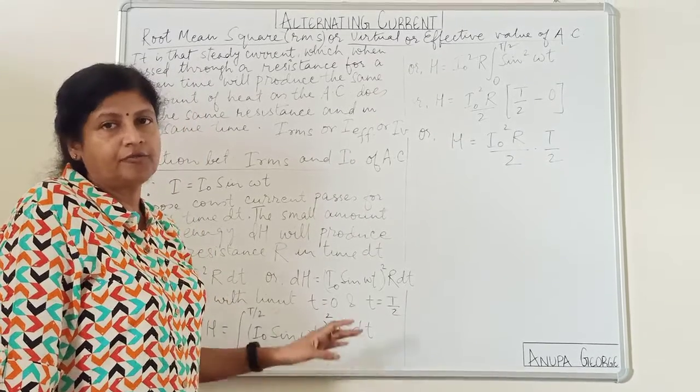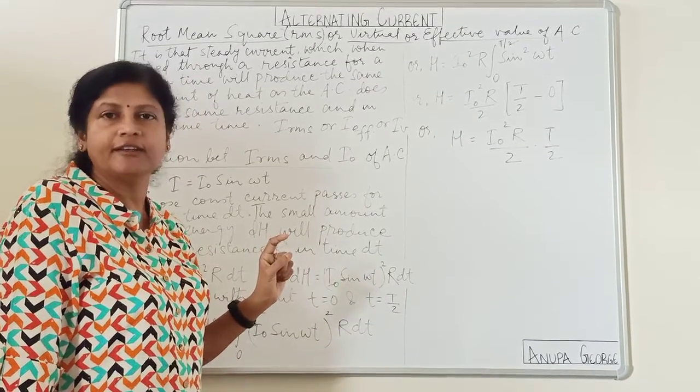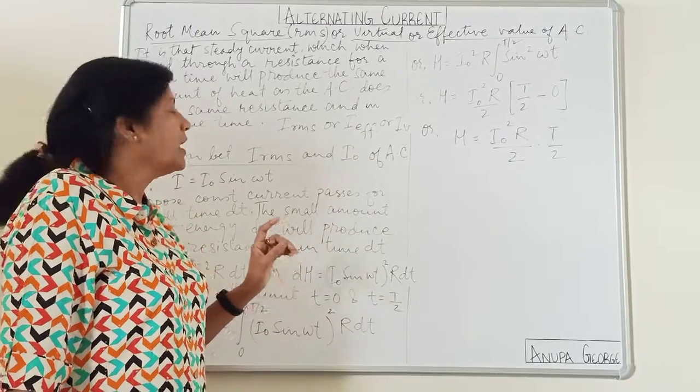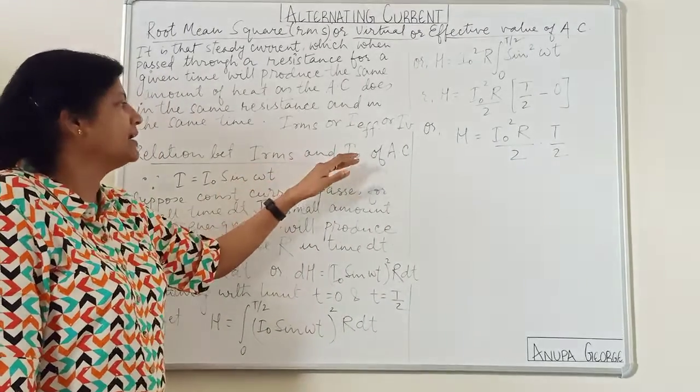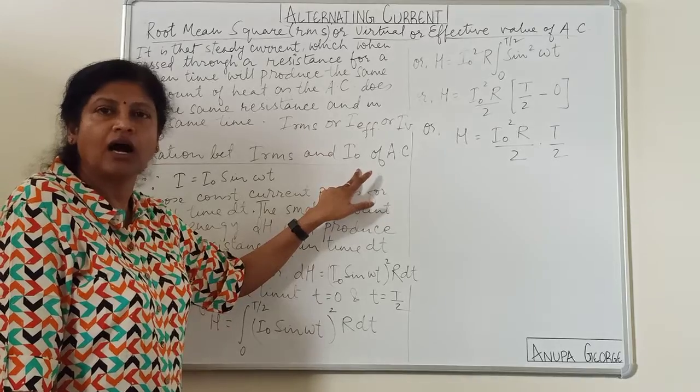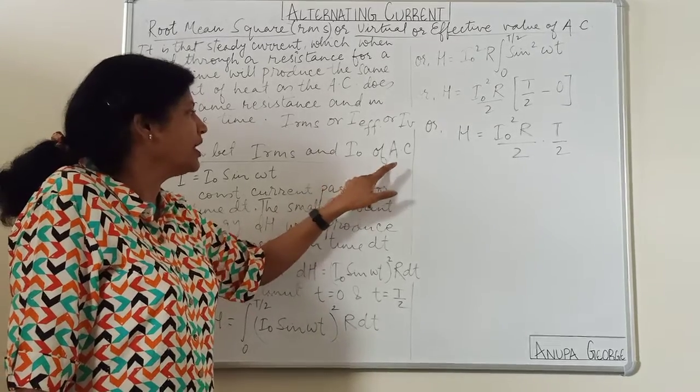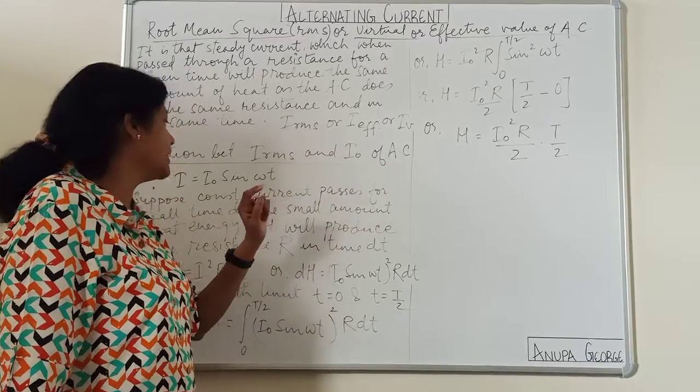Now, we are going to derive a relationship between I RMS and the peak value I naught of alternating current.